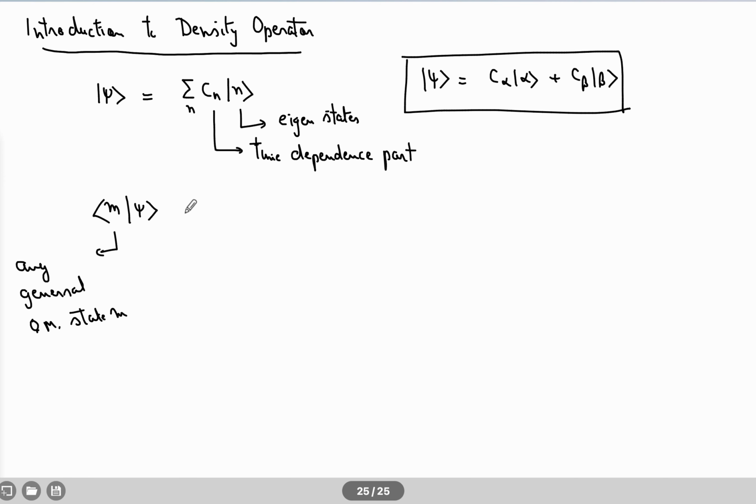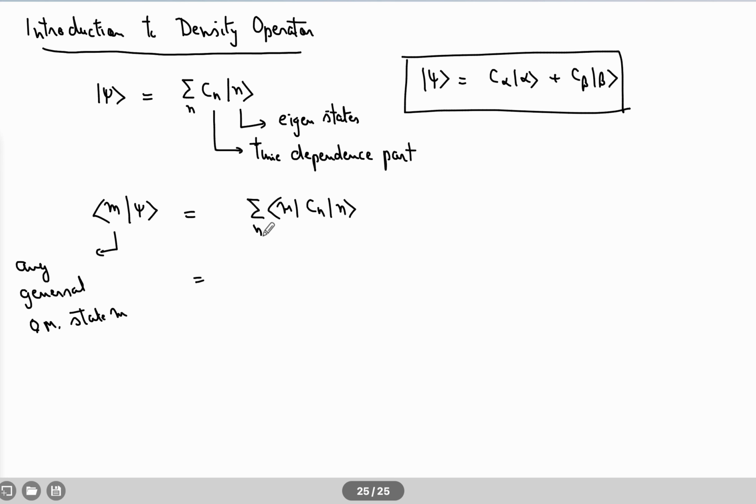Now this can be written as, psi can be picked up from here, and what you will have is summation over all n of bra m Cn ket n, right? Now let me first expand this.